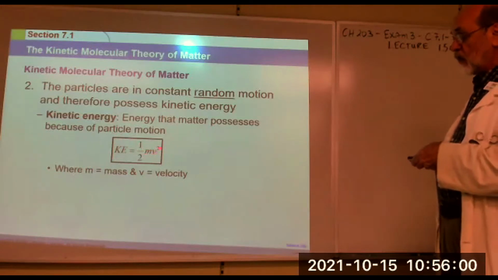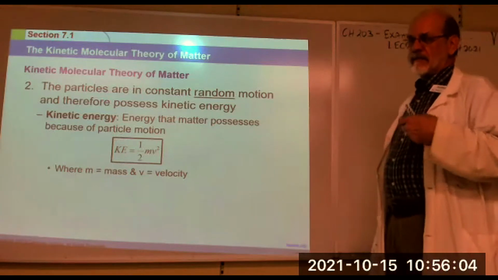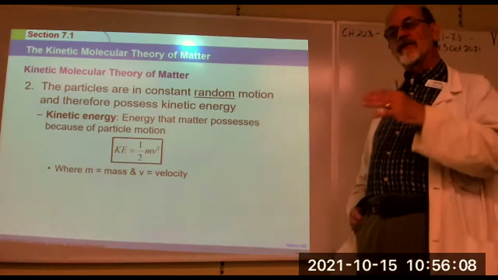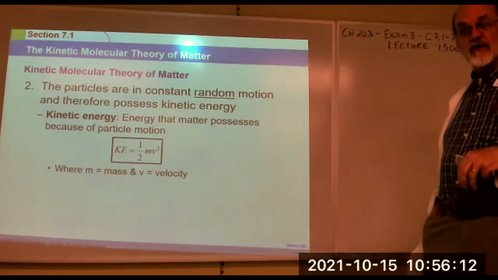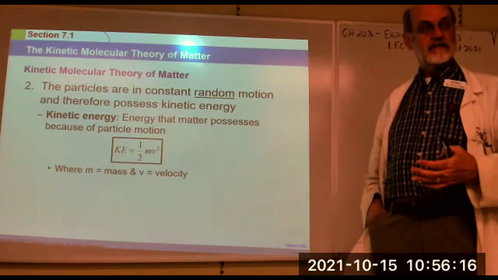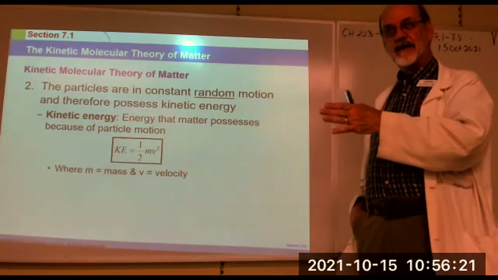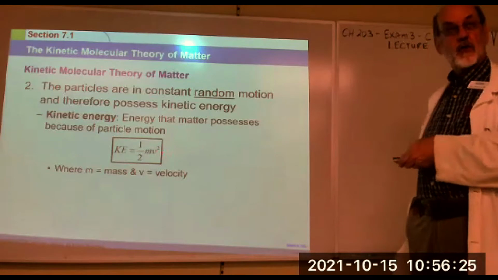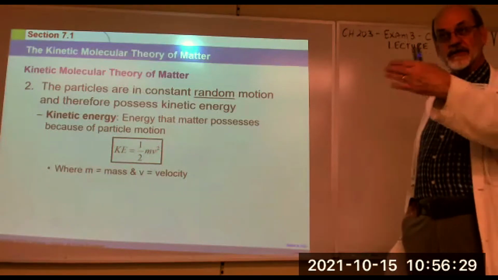Mass times, and we square the velocity. So in a practical sense, think of your car moving down the highway at 30 miles an hour. And you press on the accelerator and you go to 60 miles an hour. You've doubled your speed. As long as you're going in the same direction, you've doubled your velocity. But what has happened to your energy? Your energy has quadrupled to go from 30 to 60.